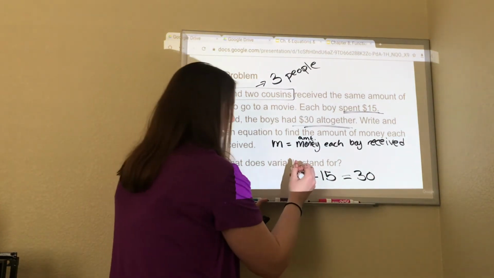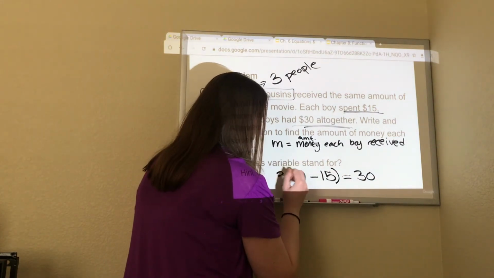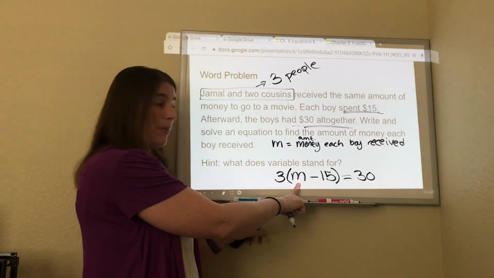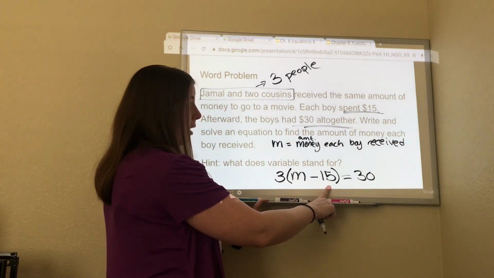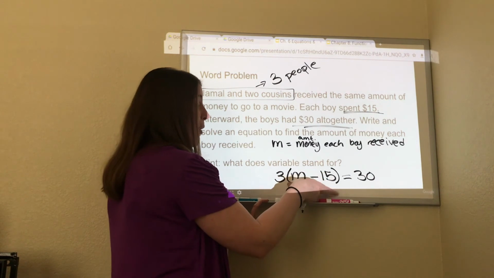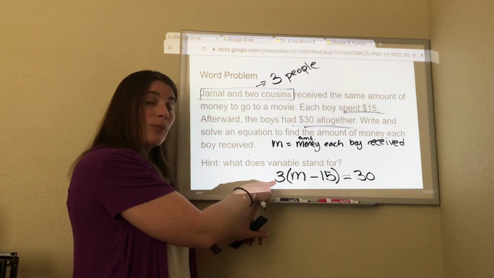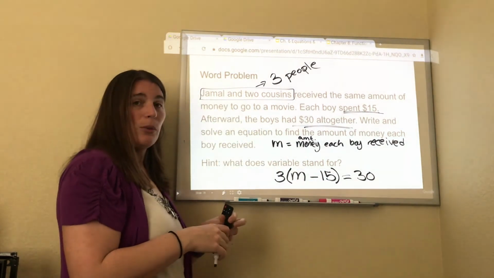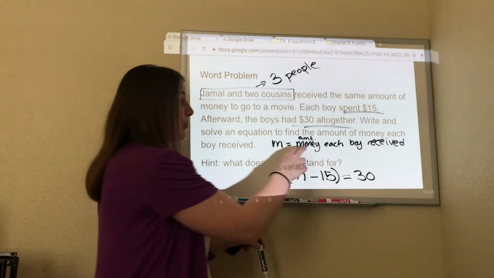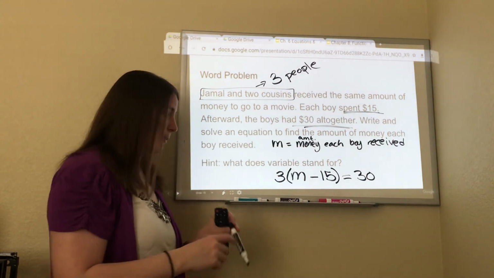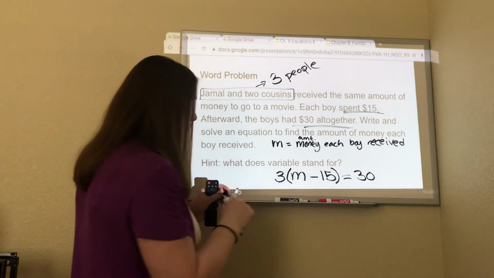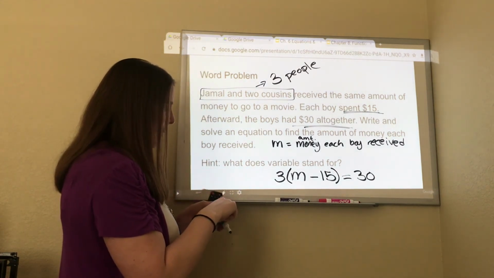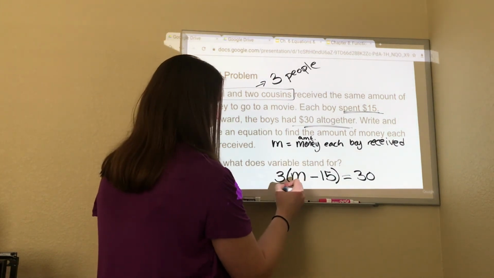So that means if I multiply all of this times 3, because they all got the same amount of money, they all spent $15. So if I multiply it by 3, then I would be able to figure out how much money they received at the beginning. Okay? So to do this, you divide both sides by 3.